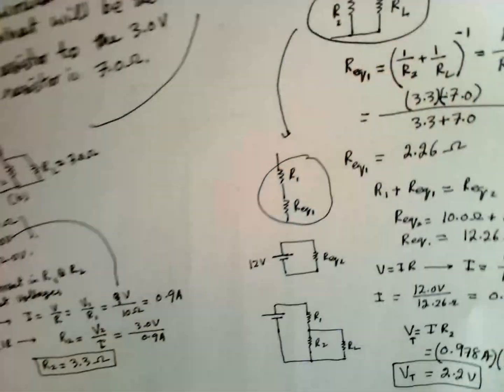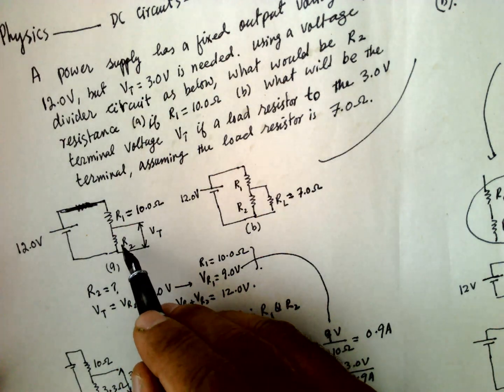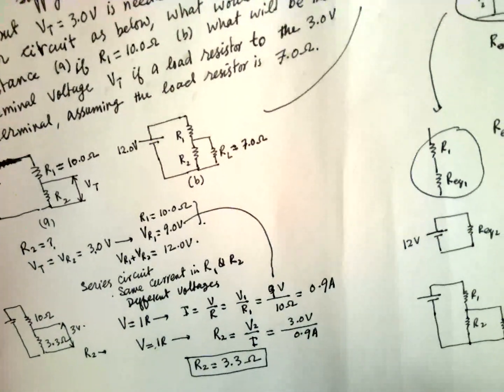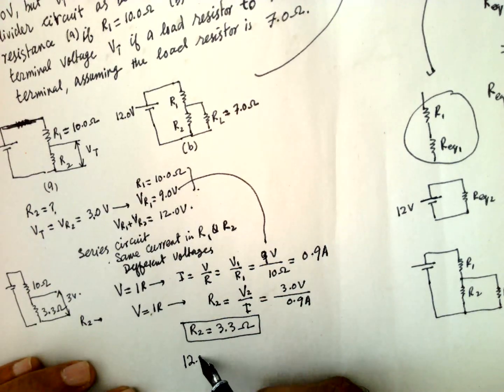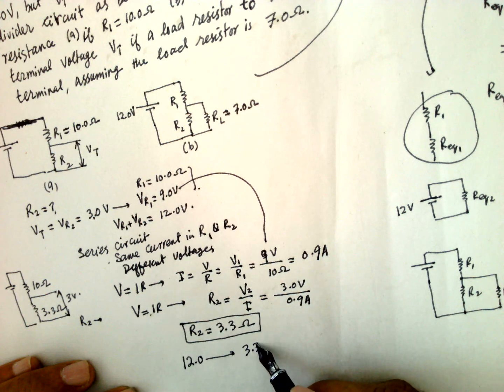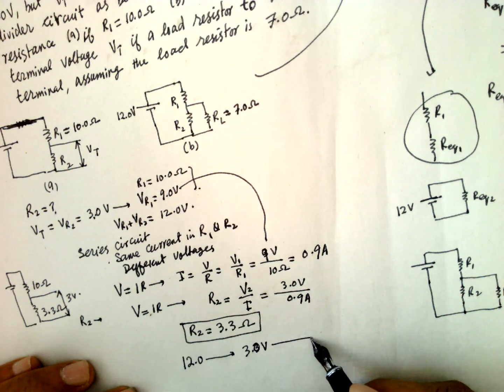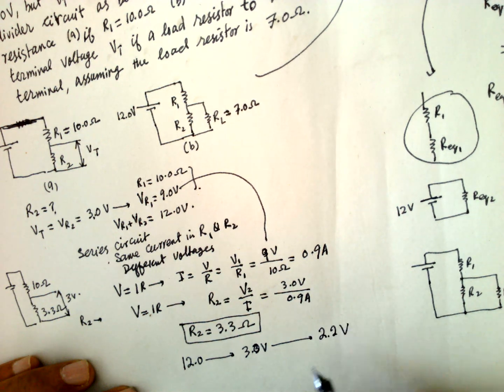So that means by adding a parallel resistor, we can reduce the voltage. So from 12 volt to 3 volt, and 3 volt we can reduce to 2.2 volt.